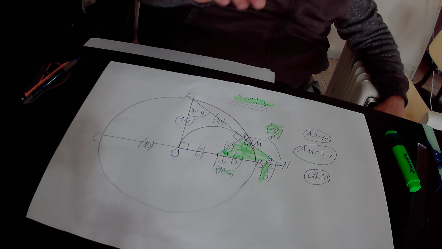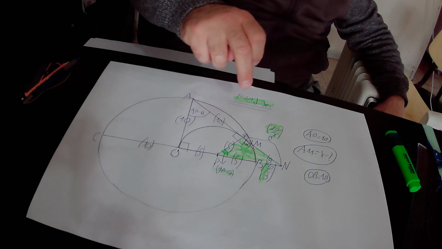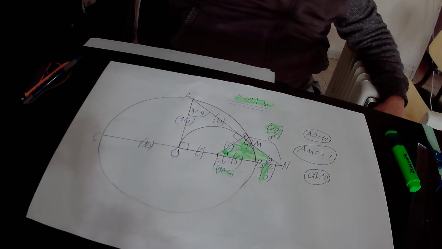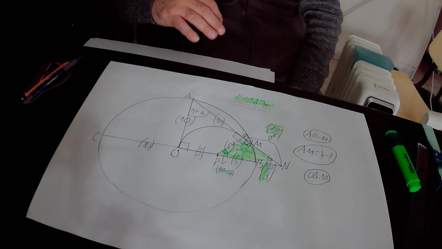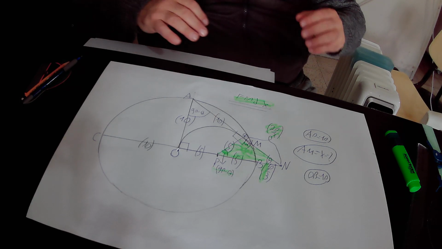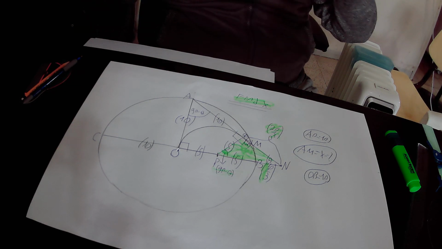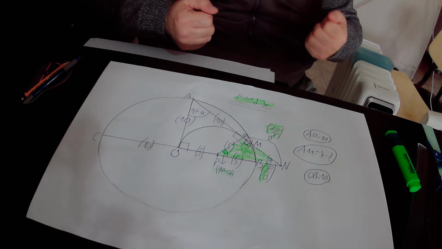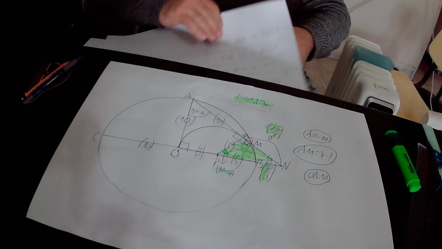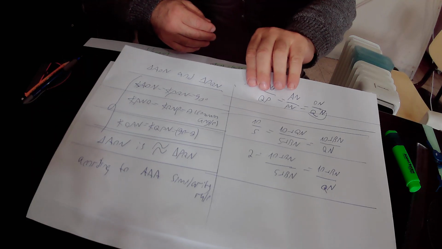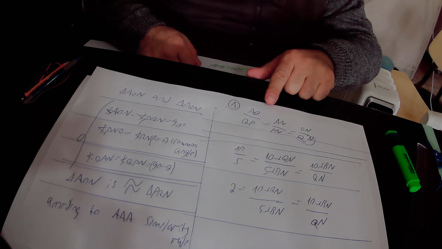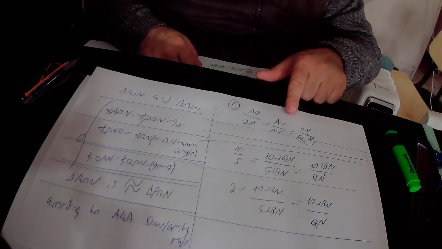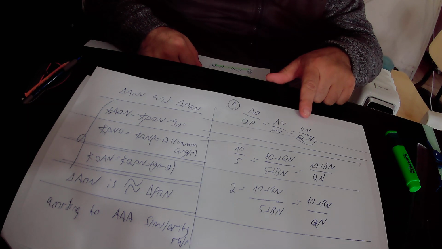Therefore, we proved that the big right triangle AON is similar to the green triangle QPN according to the angle similarity rule. And from the fact that those two right triangles are similar to each other, we derive that the following relationship exists between their sides. AO over QP equals AN over PN equals ON over QN.